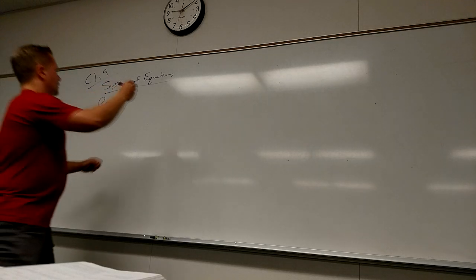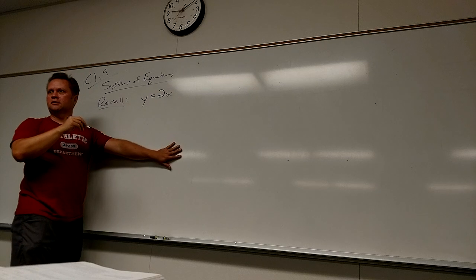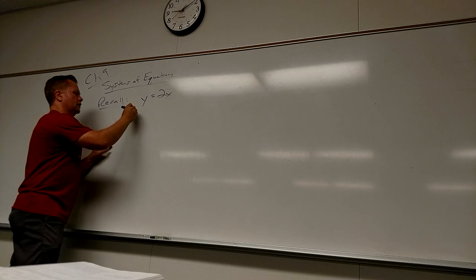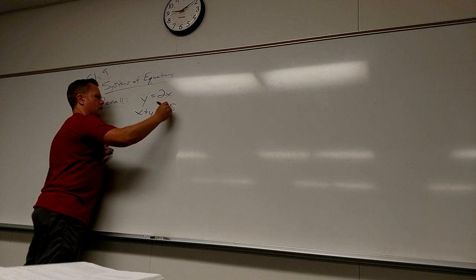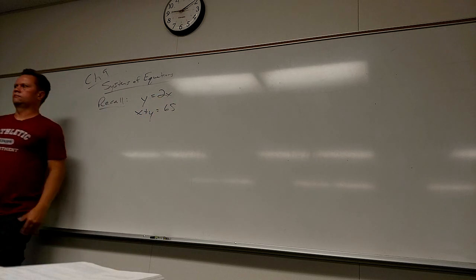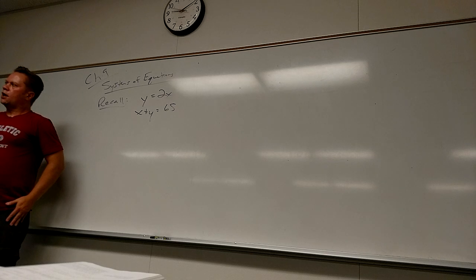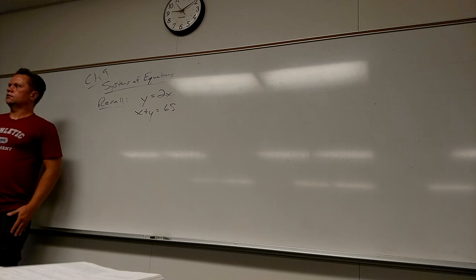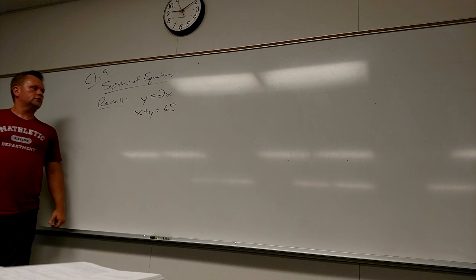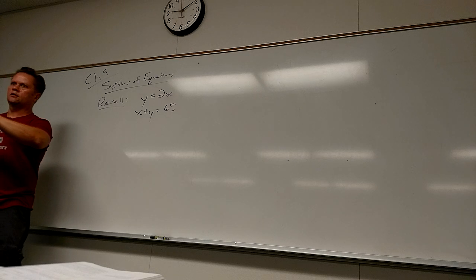So if I said I am twice as old as he is, and then I also said that when you add our ages together, you get 65, can you solve this now? Yes, totally.